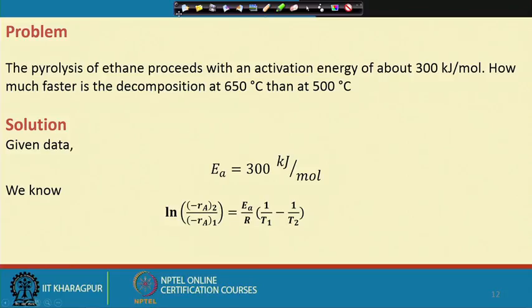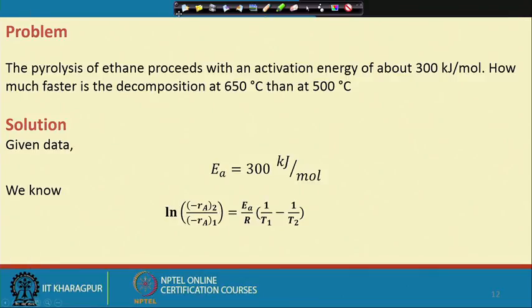But in the pyrolysis process, we give a restricted amount of oxygen or air to the process. So, our product here is mostly carbonaceous material, carbon, and some liquids; bio-oil formation takes place. Now, this problem deals with how you can find out, if we increase the temperature, how many fold the rate of reaction increases.